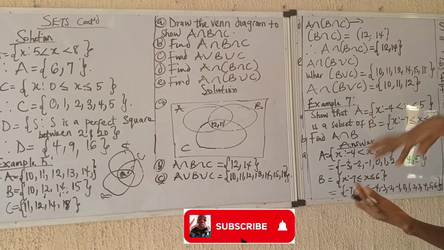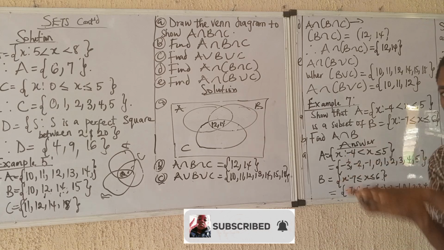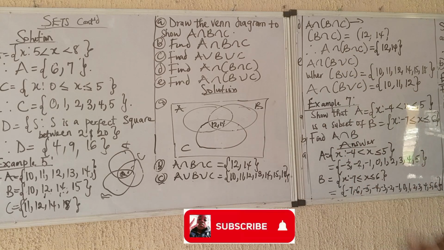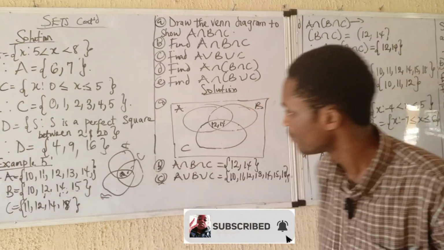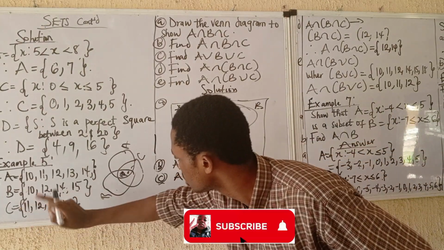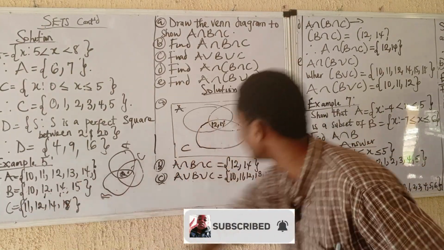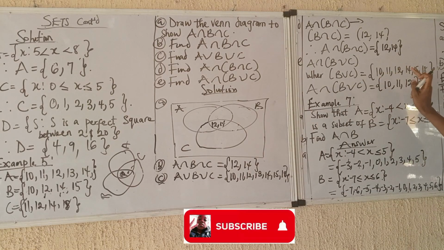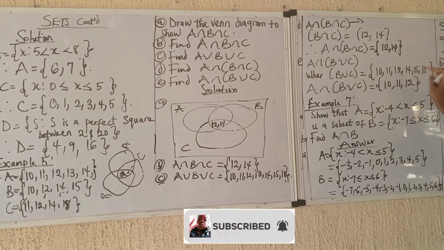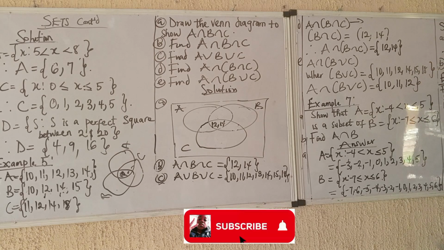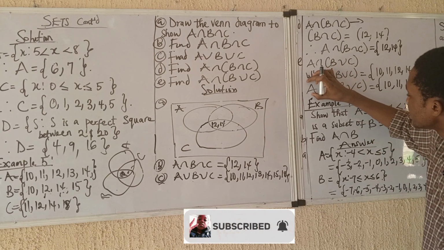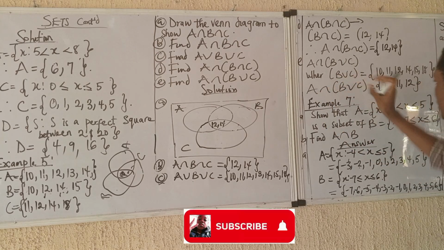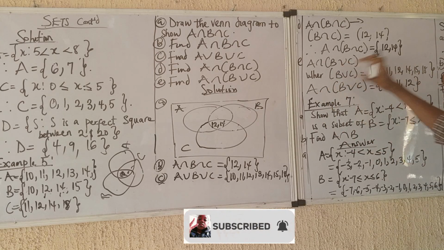Comparing the members of set B and set C together with our data given to us, we have 10, 11, 12, 14, 15, and 18. Therefore, set A intersecting with bracket open B union C. So this is our union of B and C.